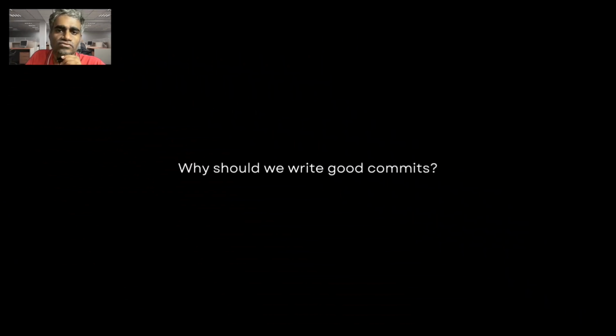So why should we write good commits? Story time. Recently, I was working on a project and I saw a line of code and I couldn't understand why it exists. Git has a feature called blame, which tells you who wrote this line. I used the feature and I learned that it was me. I wrote the line.